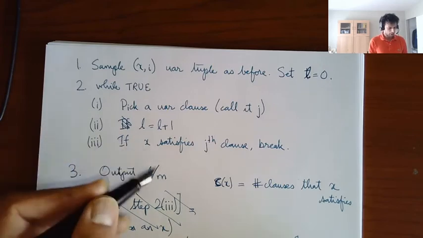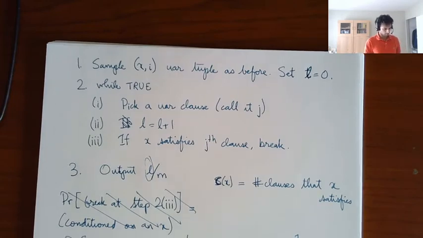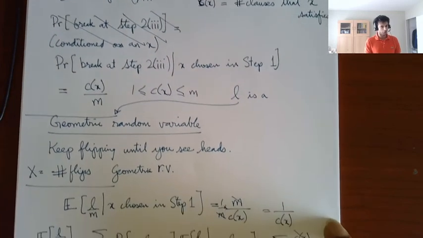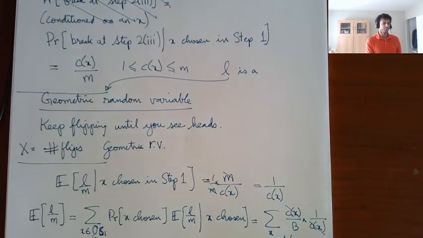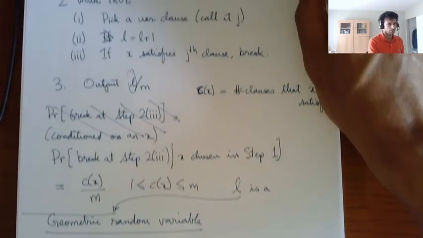But what I have here is a geometric random variable. Every choice of x is a geometric random variable, and this is an expectation of a distribution of geometric random variables, and that actually has the right behavior.